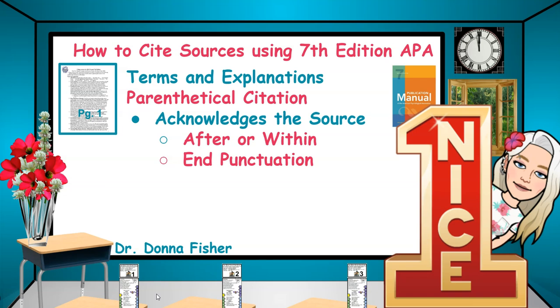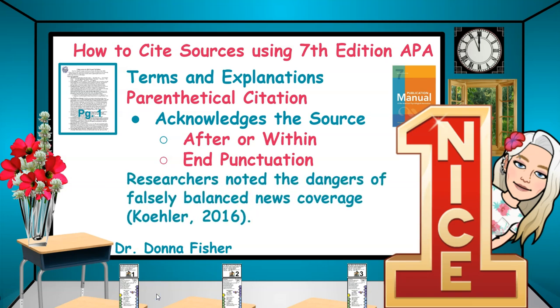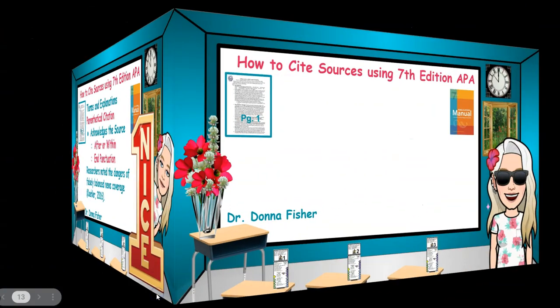When the parenthetical citation is at the end of the sentence, put the period or other end punctuation after the closing parenthesis. For example, researchers noted the dangers of falsely balanced news coverage (Kohler, 2016). Parentheses, author's last name, Kohler, comma, and then the year published, end parentheses, then the period that ends the sentence.